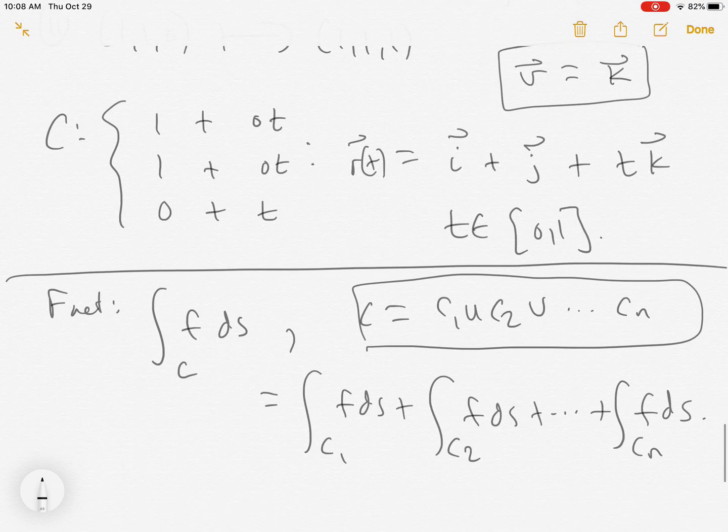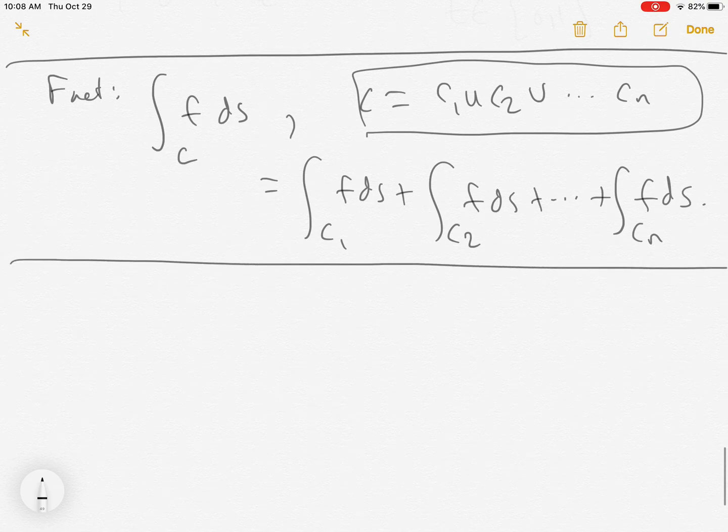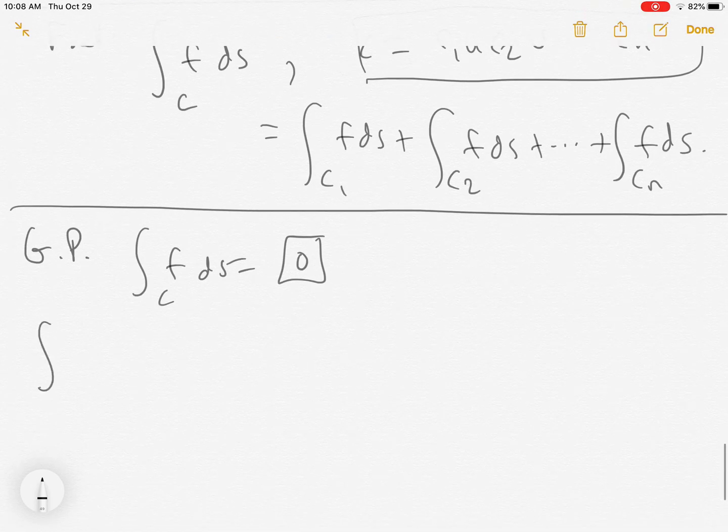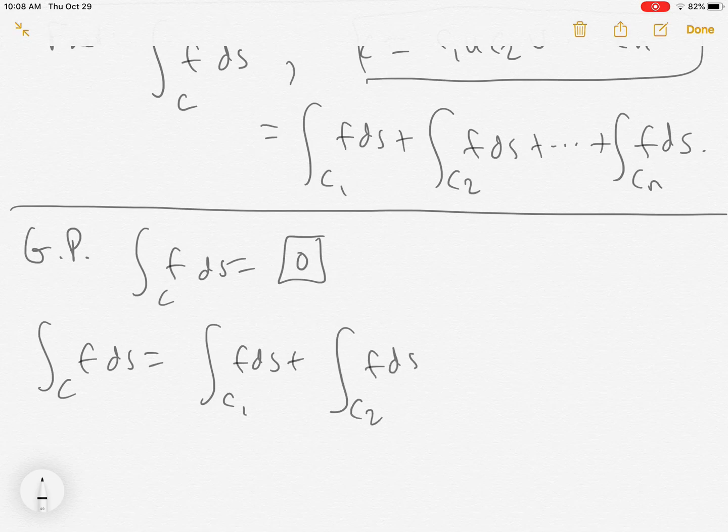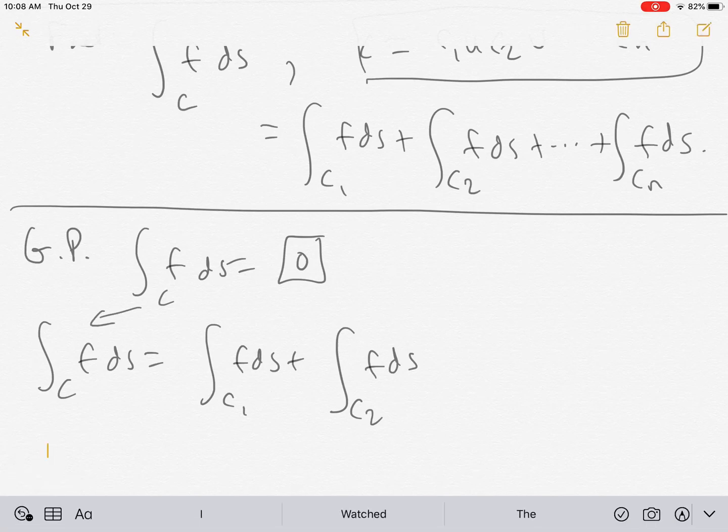I'm going to give you some guided practice here, because I didn't do it in my notes, and I wish I had. Here's what I want you to do. The integral we just did for an example turned out to be 0. I would like you to integrate the same function f, only now you're going to use the other parameterization. The question is, is the original equal to the sum?